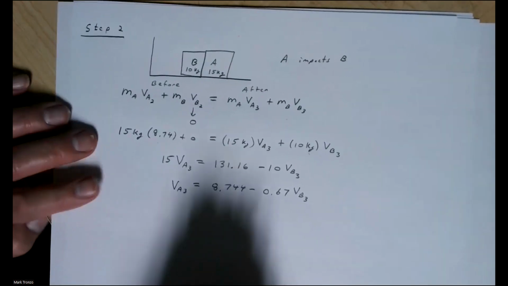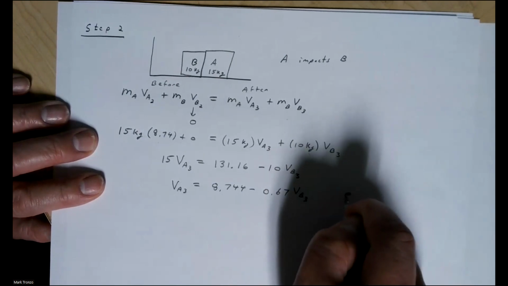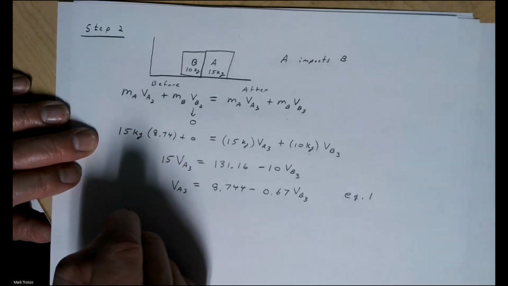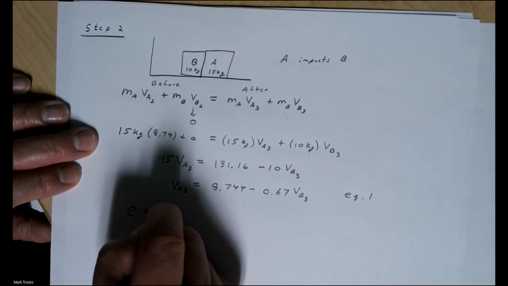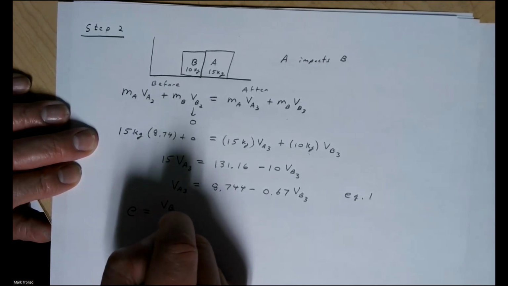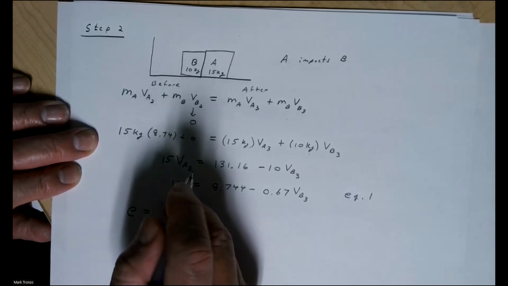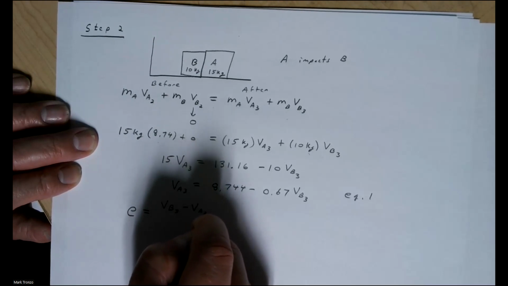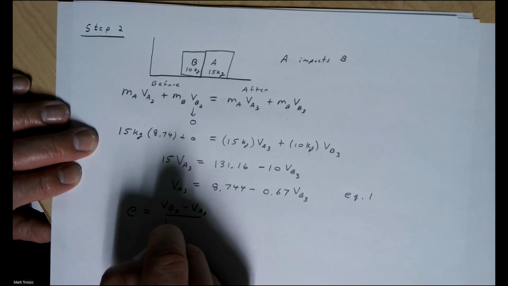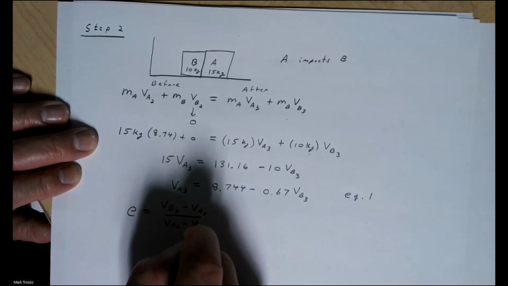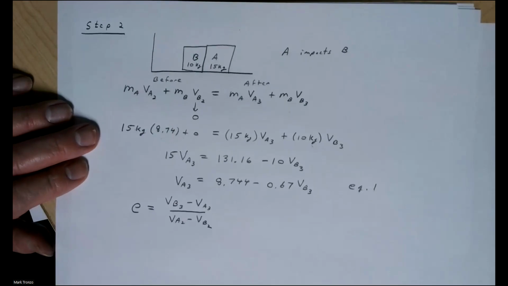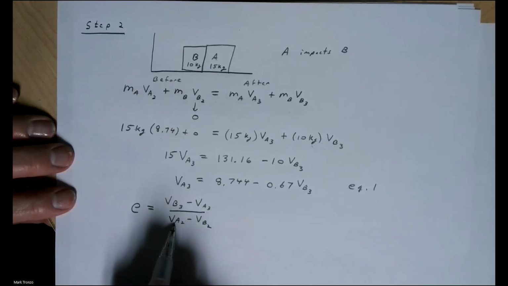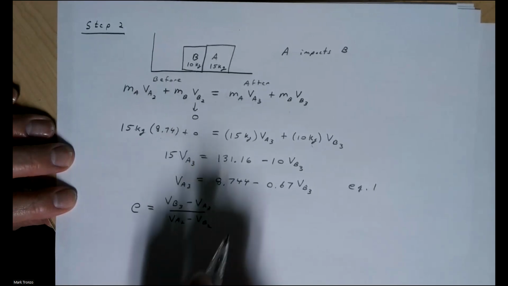So we're going to use another equation. So let's call this equation 1. But now we also have the coefficient of restitution. So this is E equal to VB3 minus VA3 divided by VA2 minus VB2. Now, of course, the 2's mean just before impact, 3's just after.